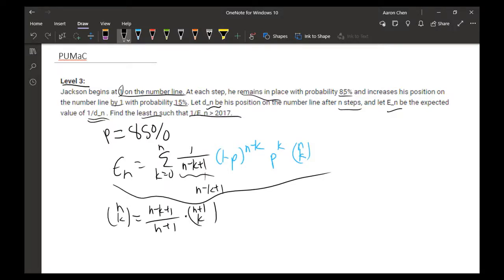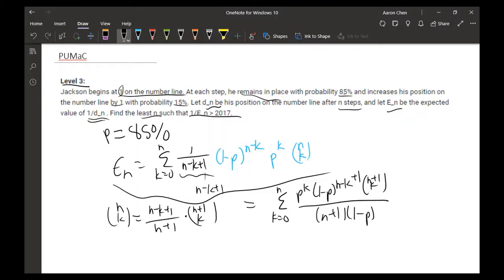That gives that this is equal to the sum from k equals 0 to n of p to the k times 1 minus p to the power of n minus k plus 1 times n plus 1 choose k, divided by n plus 1 times an extra factor of 1 minus p. It still remains the same because there's a plus 1 in the exponent and an extra factor down here.